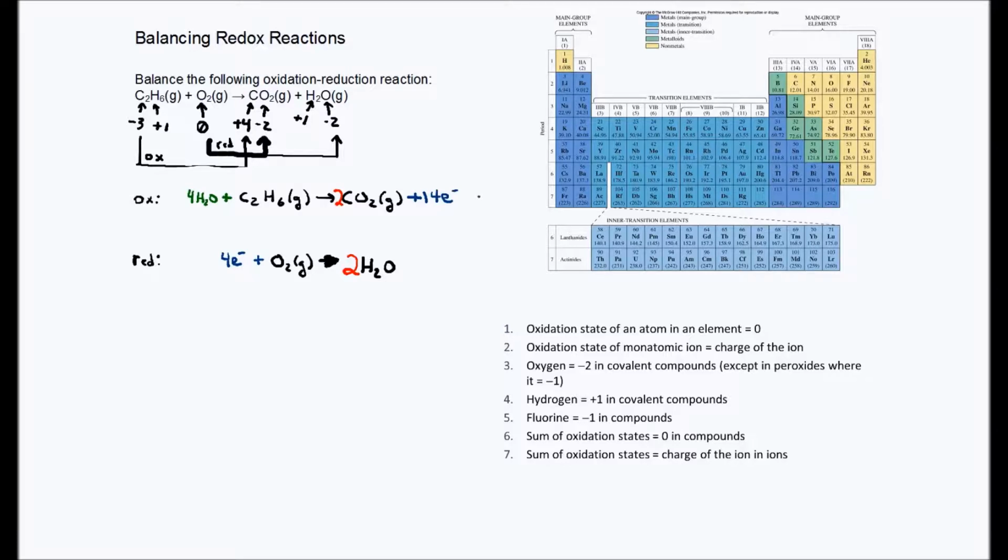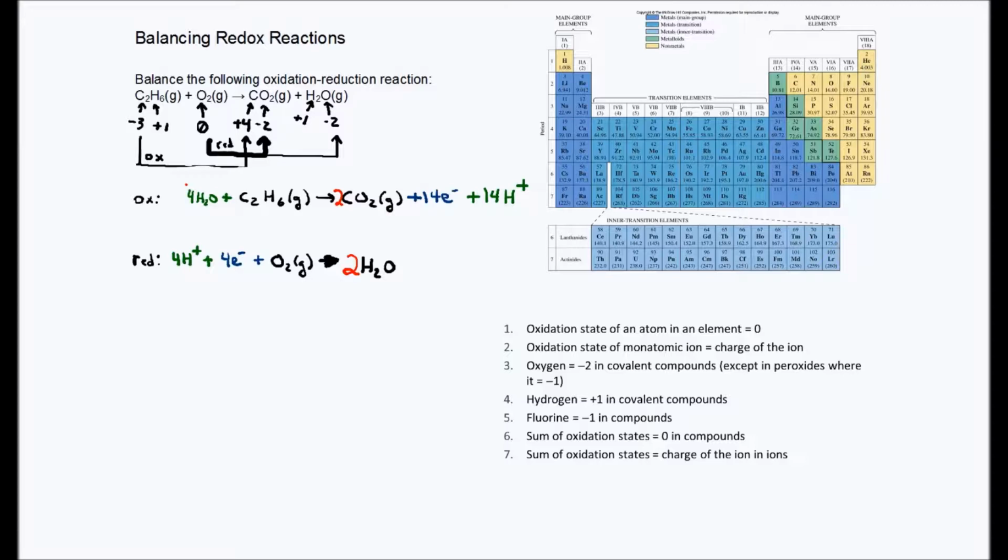In the first one, I have 8 hydrogens in the first, 6 in the second, that's 14. I need 14 hydrogens on the right to balance that. I put that in the case of 14 H+. Second case, I have no hydrogens on the left, 4 hydrogens on the right. I need 4 H+ on the left to balance that. So there I see it.